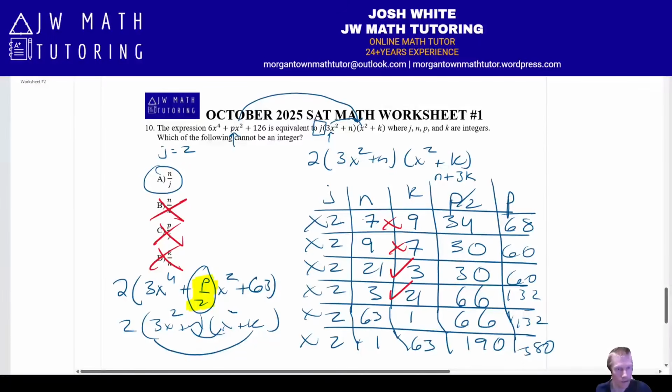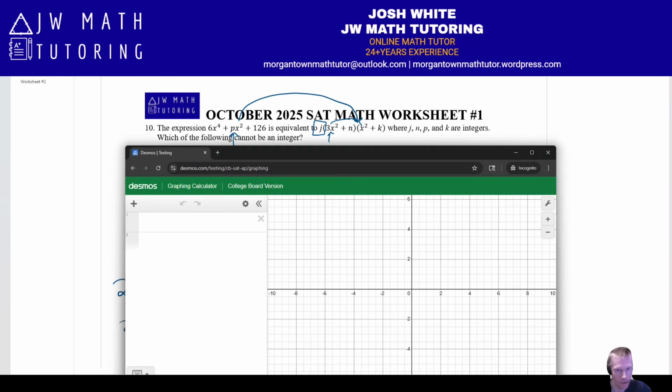Now, let's take a look at how you can use Desmos to help solve this problem. I'm not aware of any way that you can use Desmos entirely, because this is, again, kind of like a process of elimination, eliminate 3 of the 4 wrong answers type problem. But you can use it to speed up some of these basic calculations. So we go to Desmos.